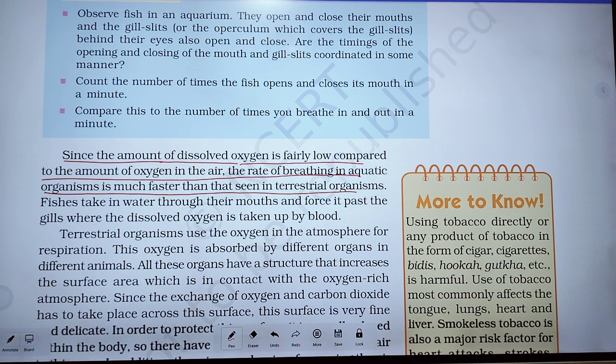The rate of breathing in aquatic animals is much faster than in terrestrial organisms. Terrestrial organisms are those organisms which live on land.